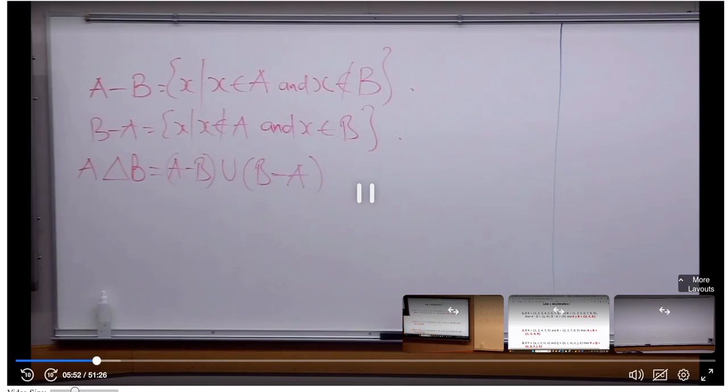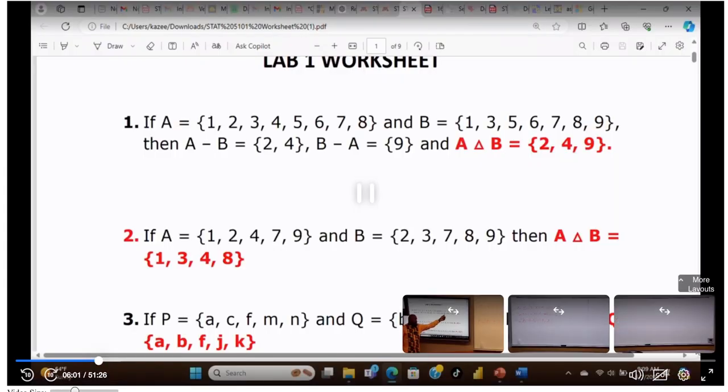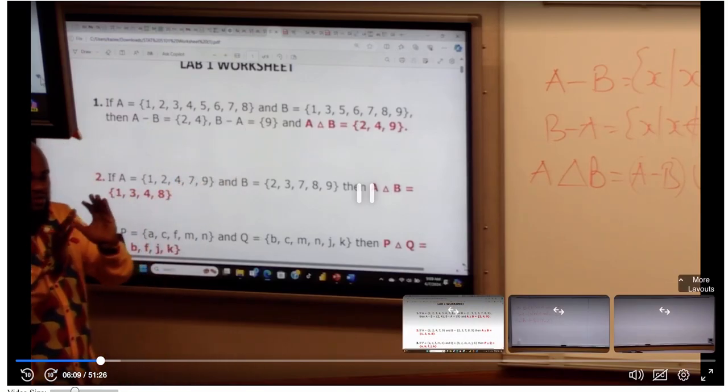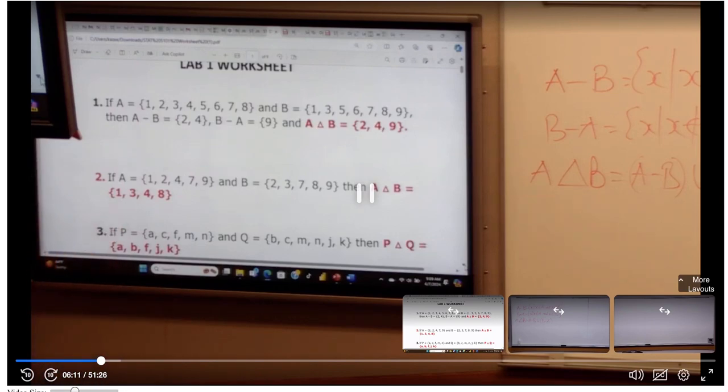Any question on that? You're good, right? So if I ask you to find A symmetric B, the symmetric difference, you need to first find the relative complements, then you find the union of the relative complements, and you're going to be fine.